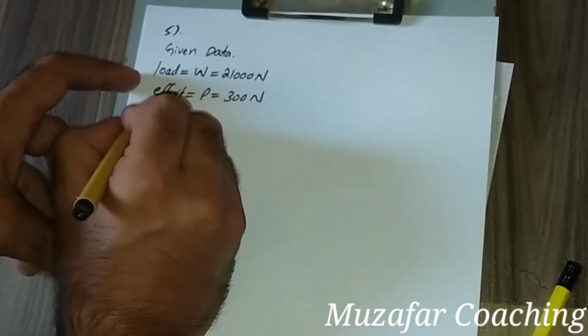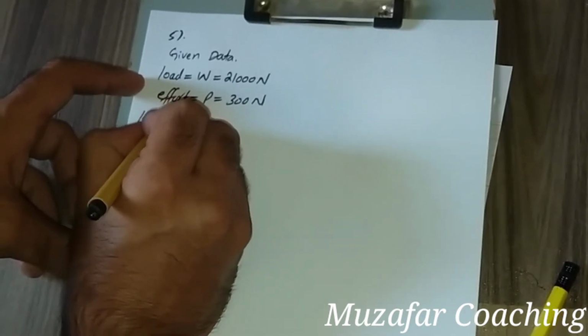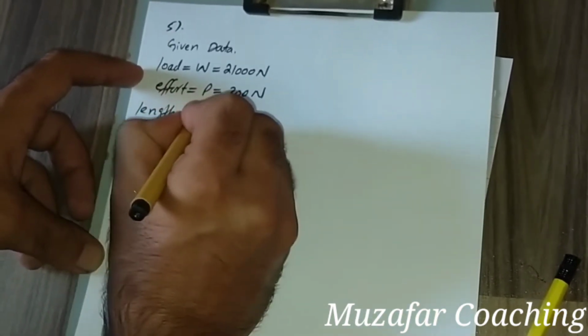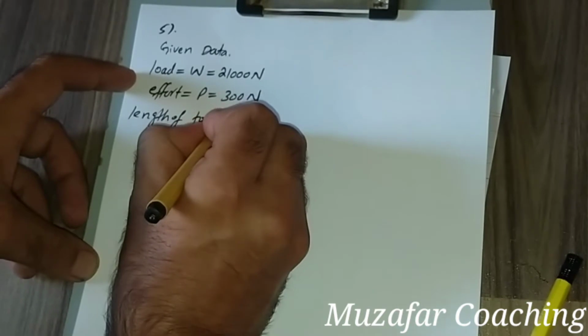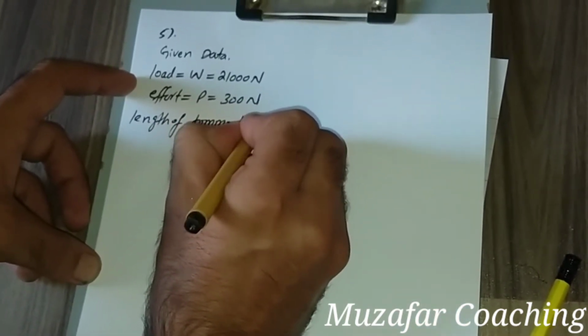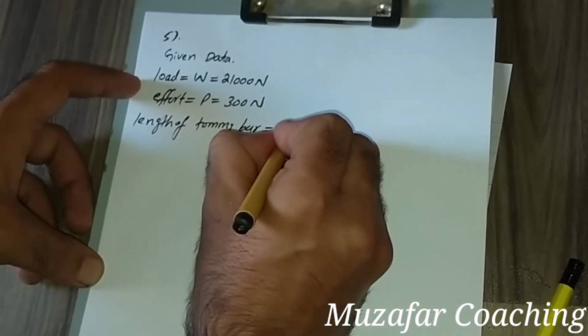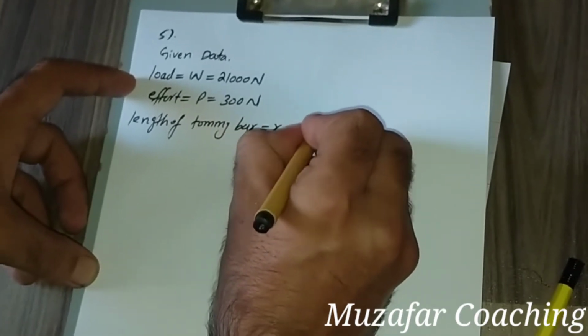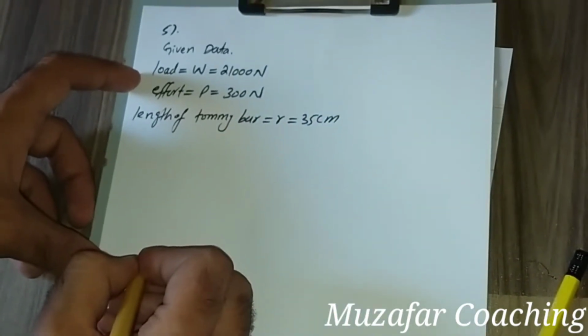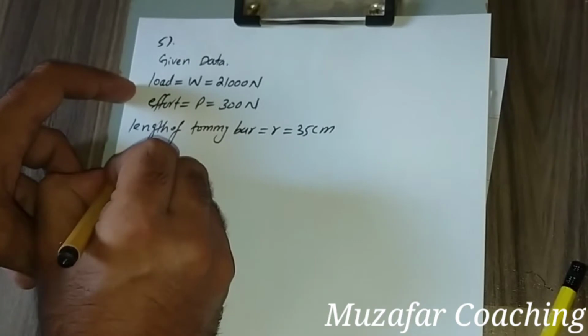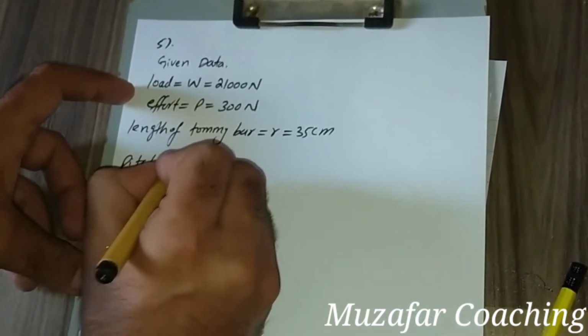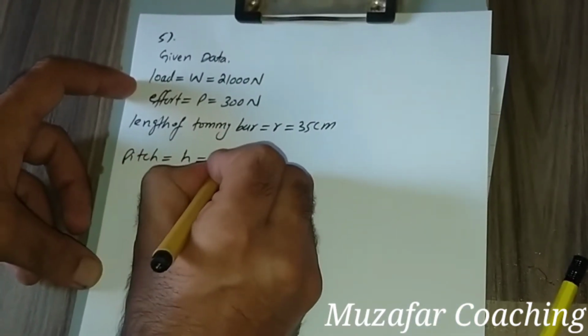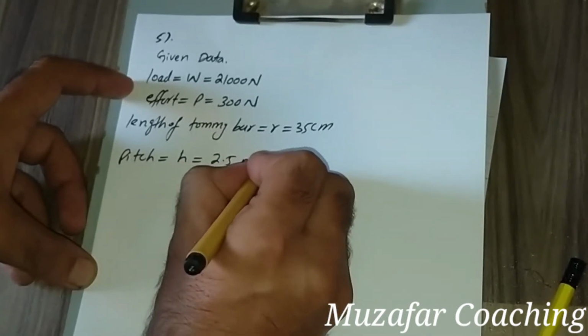Next we are given the length of the Tommy bar, which is denoted by R. So that is 35 centimeter. And next we are given the pitch. Pitch is denoted by H, so that is 2.5 millimeter.